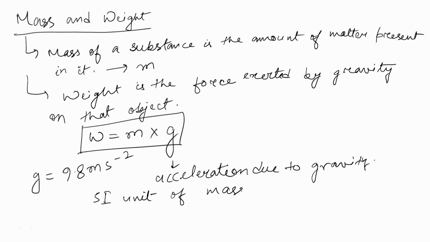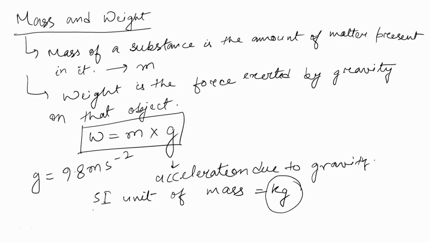We know that the SI unit of mass is kg. But kg is a very big quantity. If we talk about a bag of 1 kg, it's a heavy substance. When we are studying chemistry, we often have to deal with matter which is much less than 1 kg. For example, if we are weighing chemicals, we generally do it in terms of grams or even milligrams.